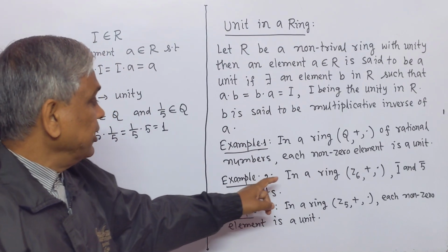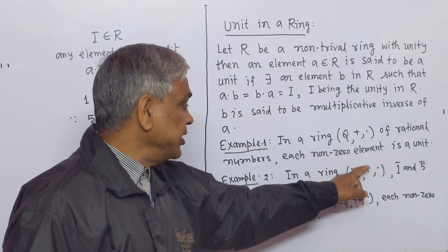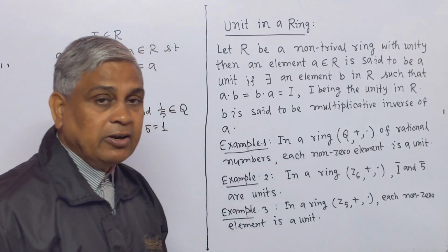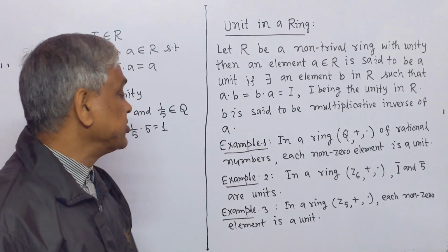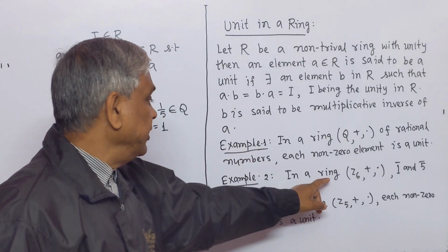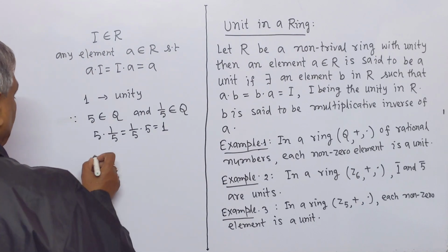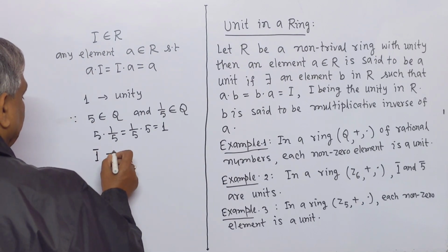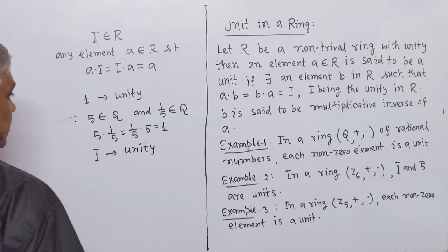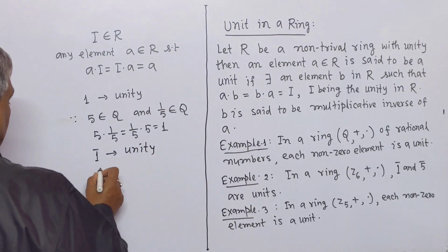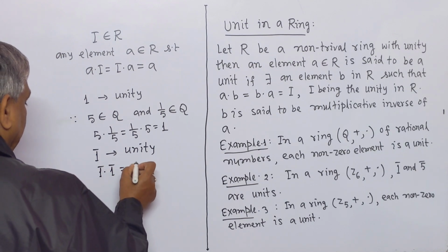Next example, in a ring Z6 with binary operation, addition and multiplication, 1 bar and 5 bar are units. In Z6, 1 bar be unity. And 1 bar multiply 1 bar equal to 1 bar.